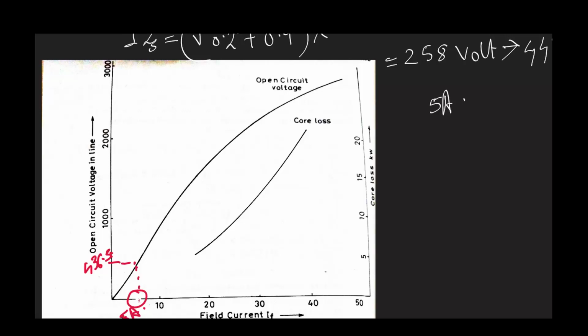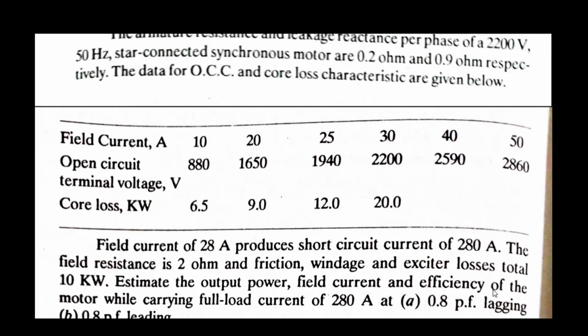Now, if this is so, then for that 5 ampere, how much field current is required to counterbalance the armature reaction?